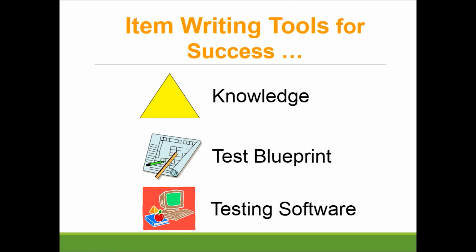So as always, I would just say in closing that item writing tools, the basics, I call them, that you've got to have. You clearly need to understand curriculum and that good golden triangle that we started with at the beginning of this discussion. You need a very effective test blueprint that demonstrates how this test has been put together, what you're actually testing, and why it's valid compared to those objectives that you've developed for the course.